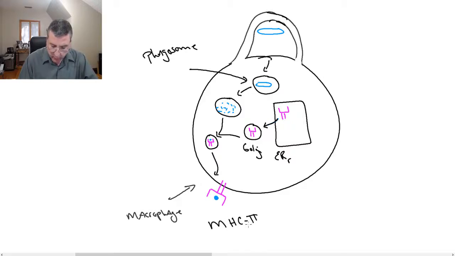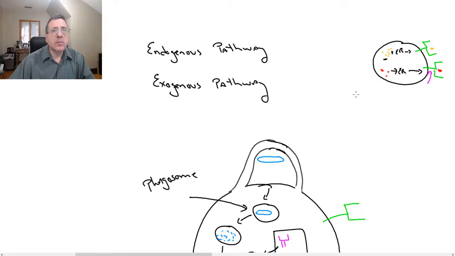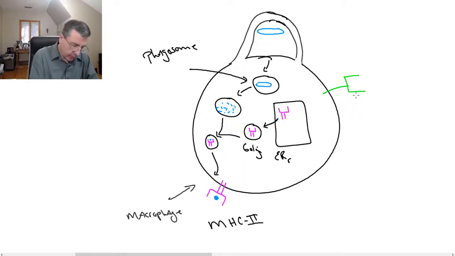MHC II platform. Now remember, we had an MHC I. What color did we have before? Okay, so we had orange.